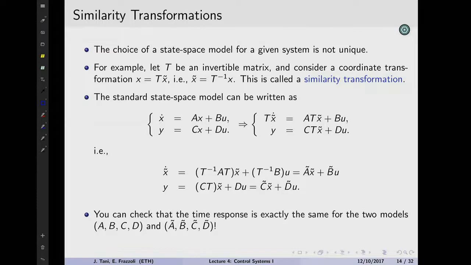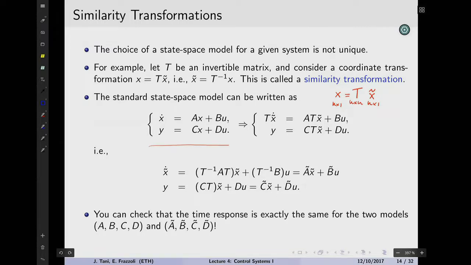So say that you've got your linear time invariant system, x dot equals Ax plus Bu, right? And say that you've got another set of state variables, let's call them x tilde, that are related to the x state variables that we chose through a coordinate transformation T. Keep in mind, this is an n by 1 vector, this is an n by 1 vector, T must be an n by n matrix, square matrix, okay?